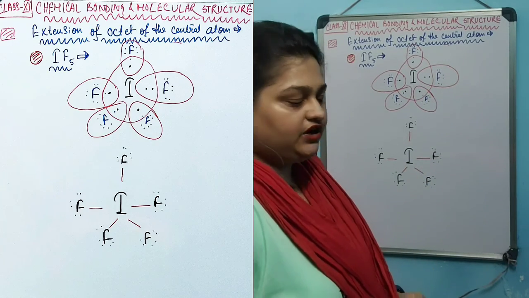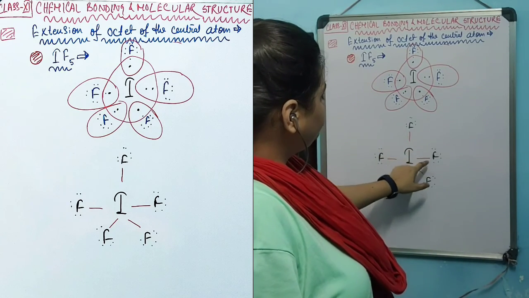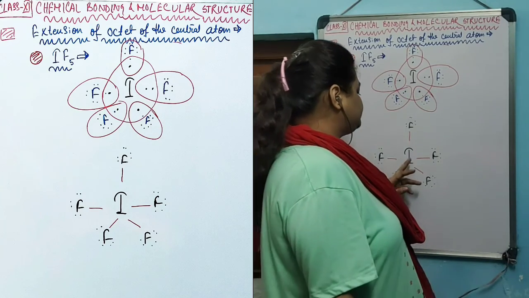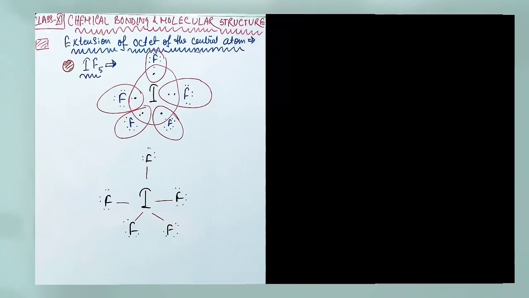So the octet is filled for the fluorine, but the central atom iodine has 1, 2, 3, 4, 5, 6, 7, 8, 9, 10. Expansion of the octet for the central atom iodine is also observed in this case.